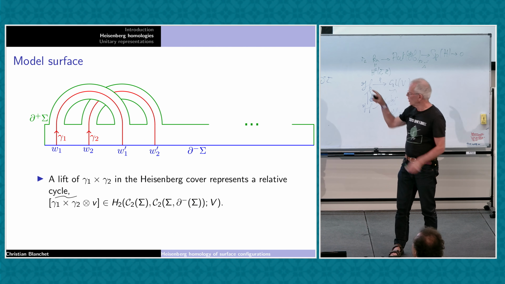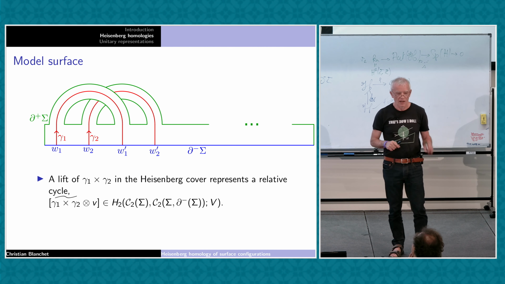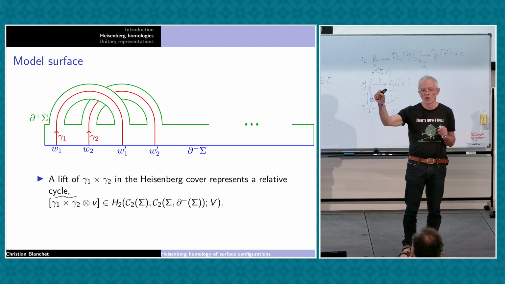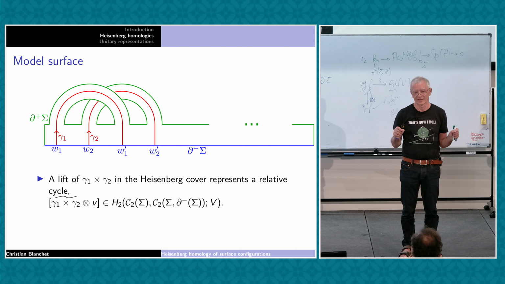And if I take 2 points, I can put 1 point moving on gamma 1 and the second point moving on gamma 2. What I will get is a square, interval times interval.